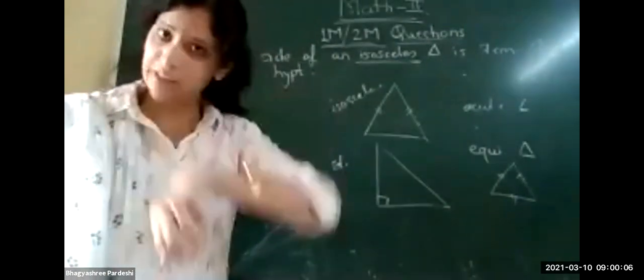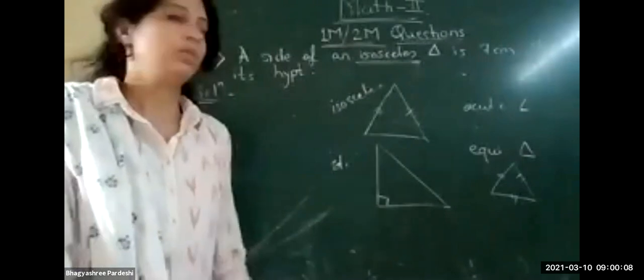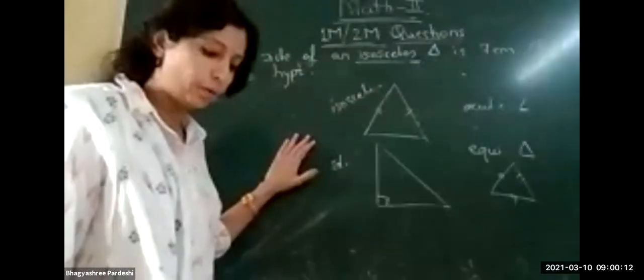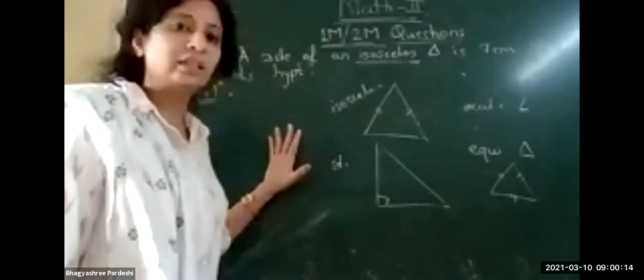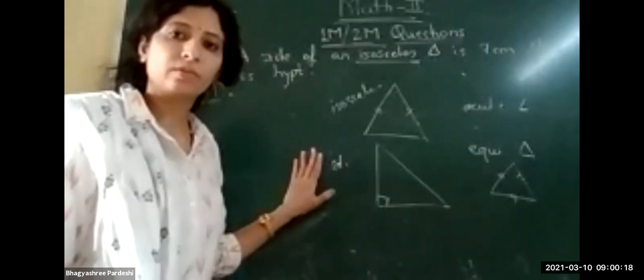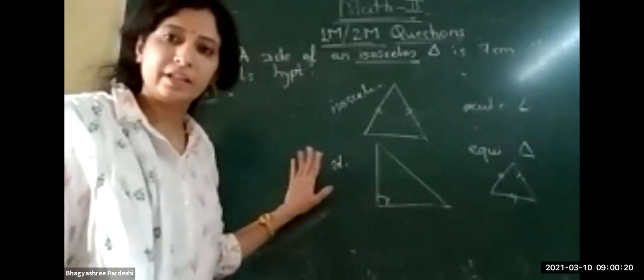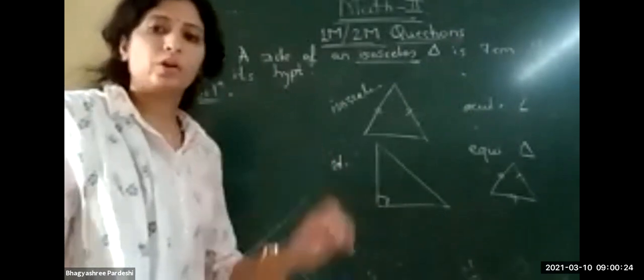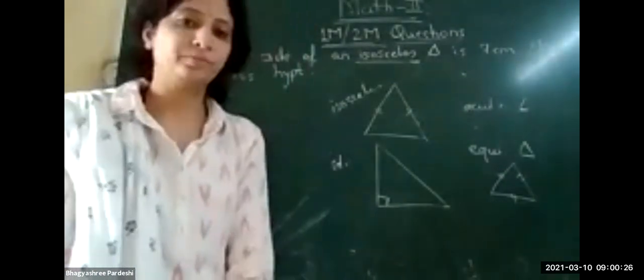Another type of triangle? You are telling me only three types. Can anyone tell me a few more types of triangles required in your 10th standard? No problem, let's see.